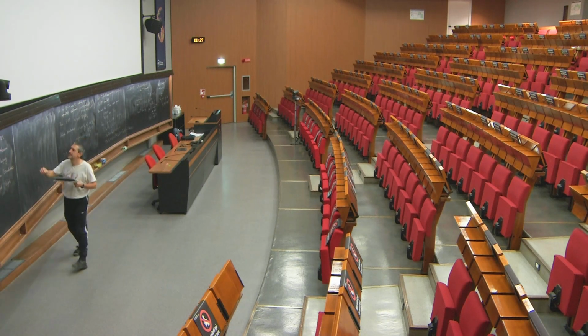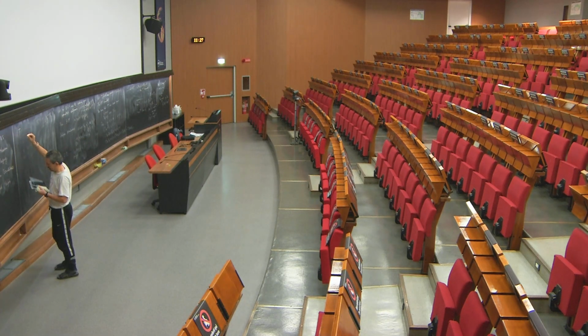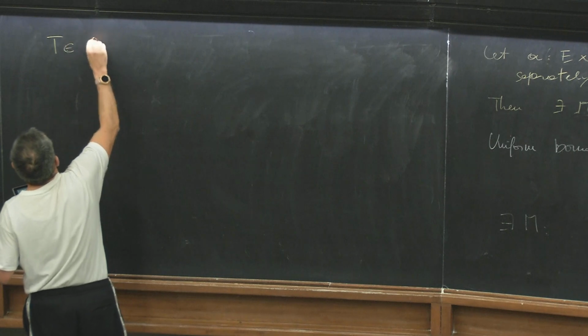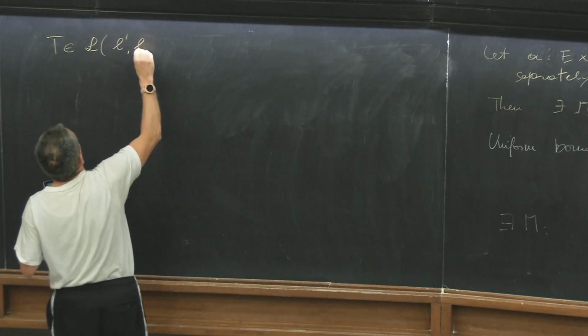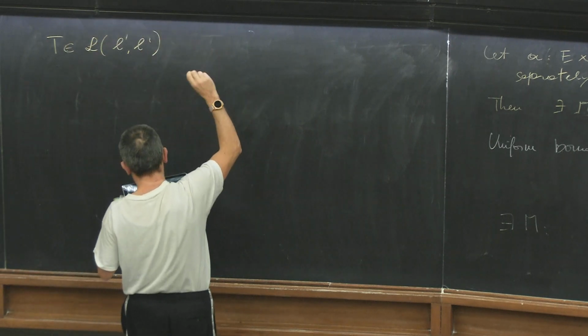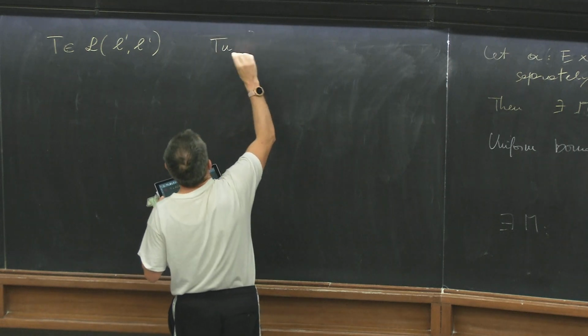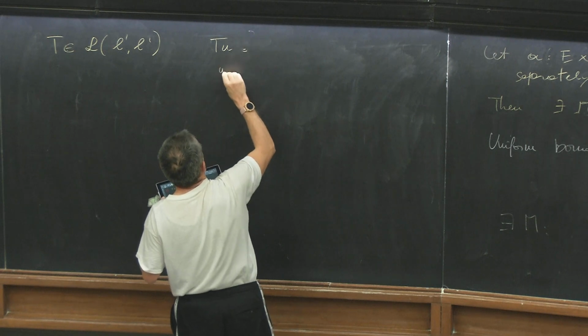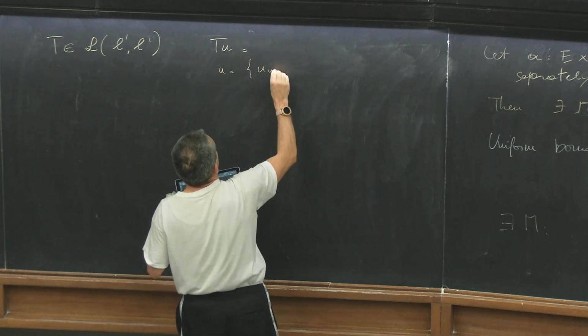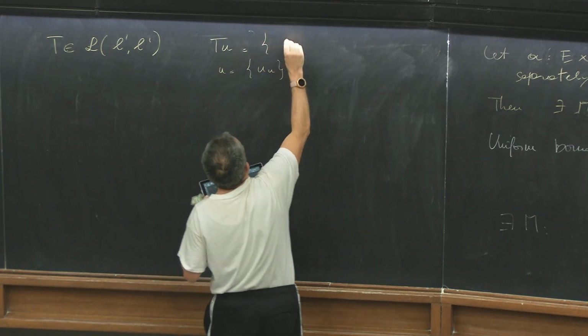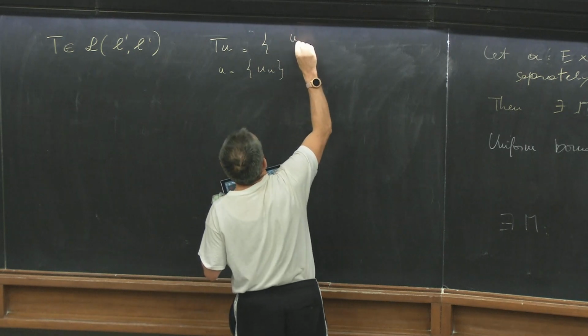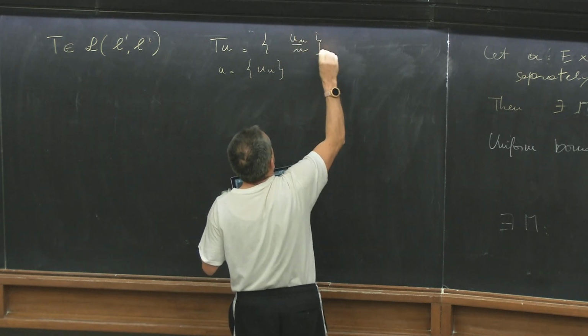So T is a linear operator from L1 to L1 defined by TU, where U is a sequence, and this is the sequence UN over N.